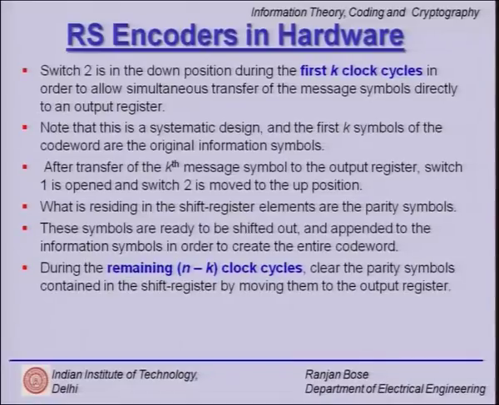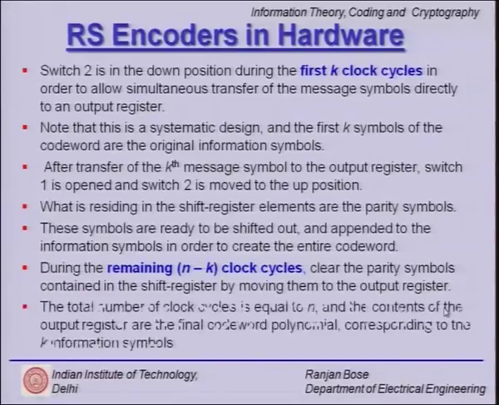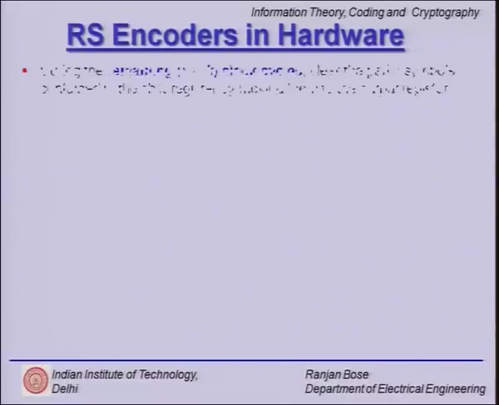So, during the remaining n minus k clock cycles, we clear the parity symbols contained in the shift register by moving them to the output register, and we are ready to encode the next code word. So, the total number of clock cycles is equal to n, and the contents of the output registers are actually the final code word polynomial corresponding to the k information symbols.